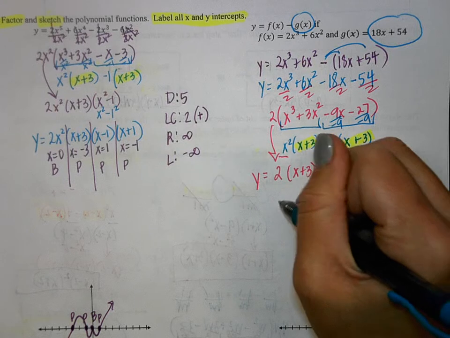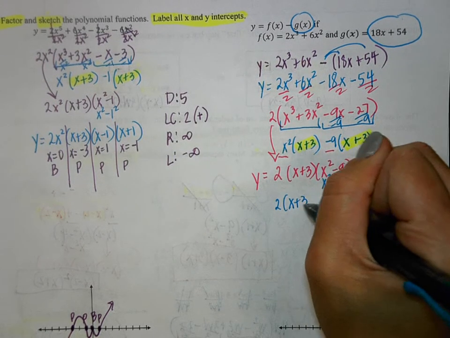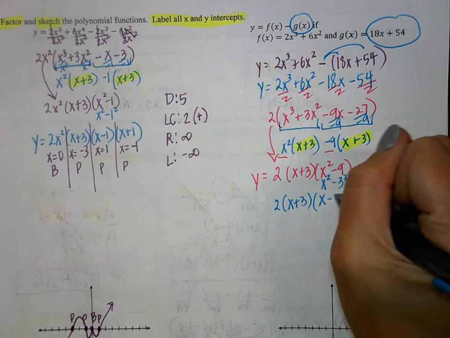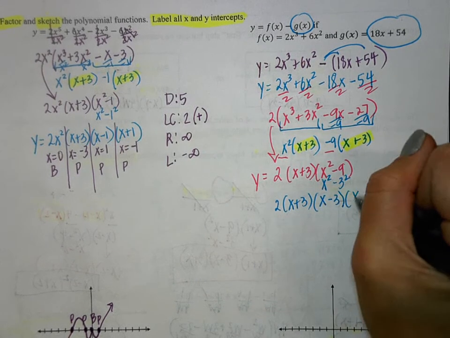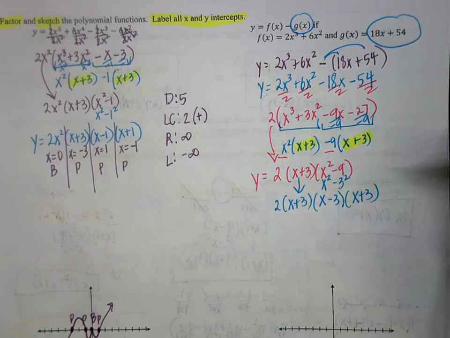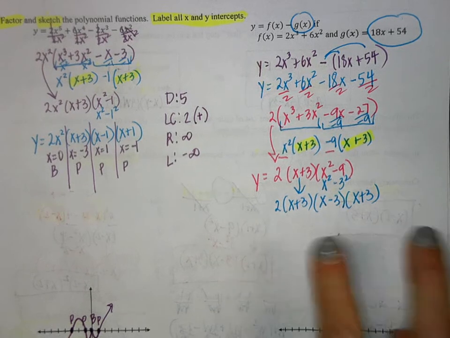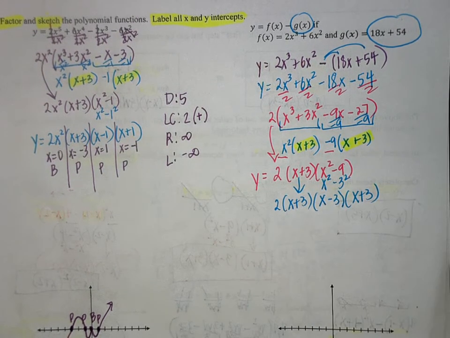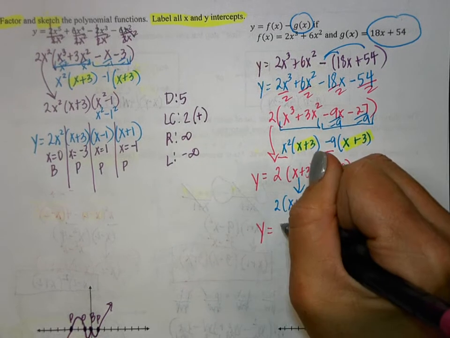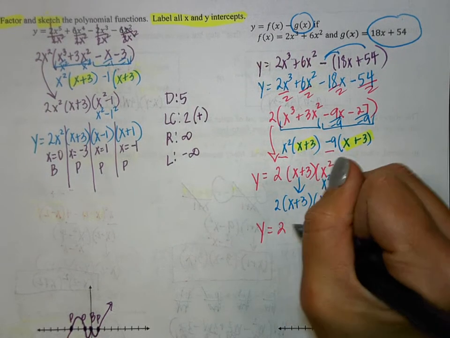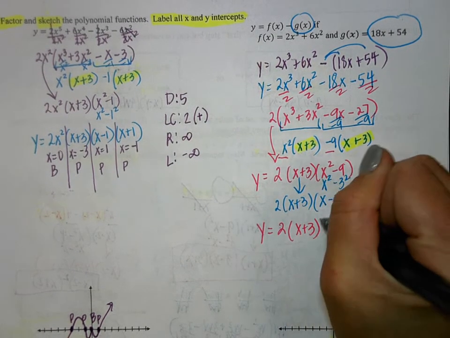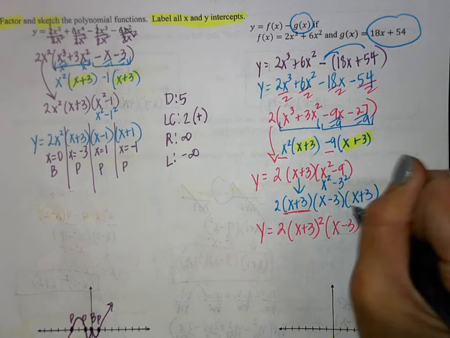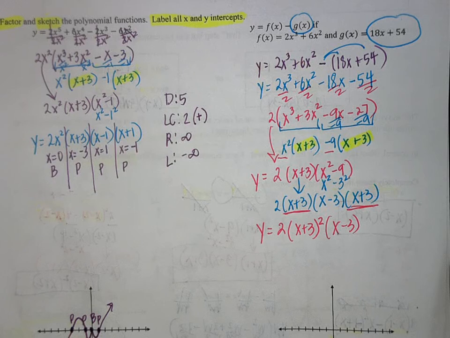So, x squared minus 3 squared factors to be x minus 3, x plus 3. Correct? We also notice that there are 2 x plus 3s, so I want to write that as what? So we have final factor form. Y equals 2 and then x plus 3 squared and an x minus 3. And that is x plus 3 squared because there were 2 of the same factors.